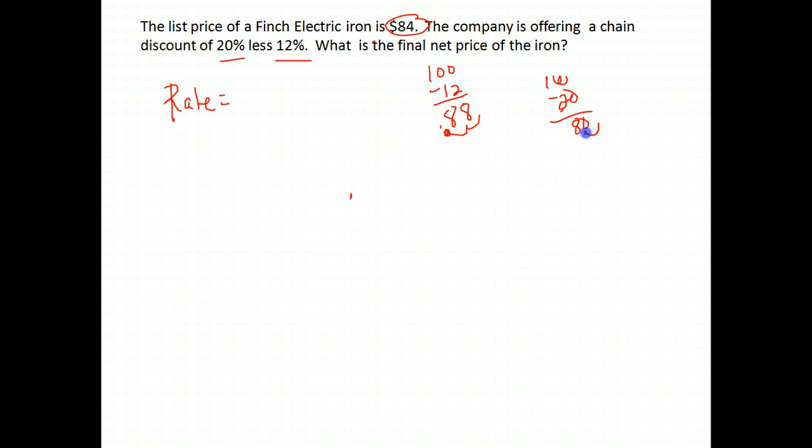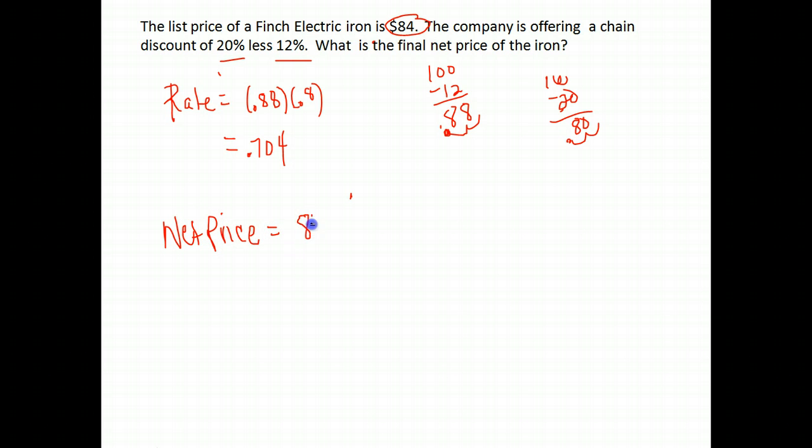So we're going to have 0.88 times 0.8. That will give us our rate. Our rate is 0.704.